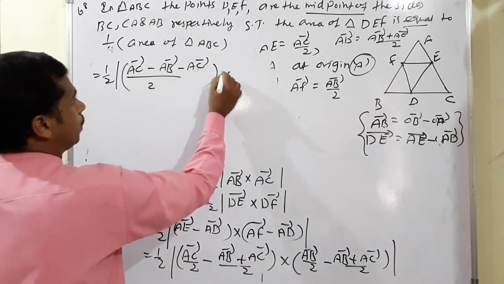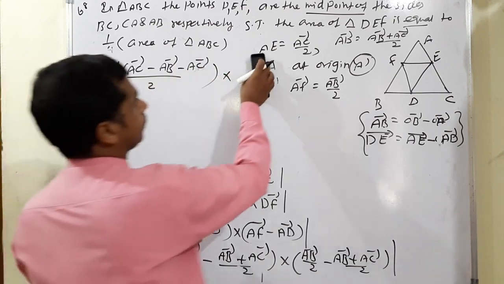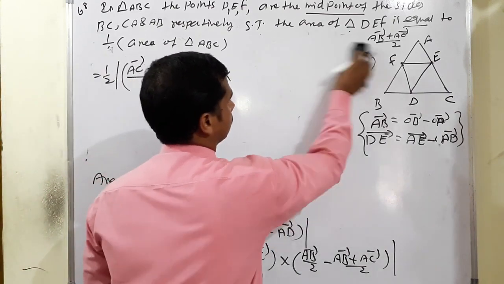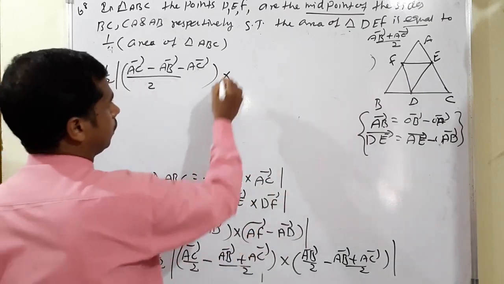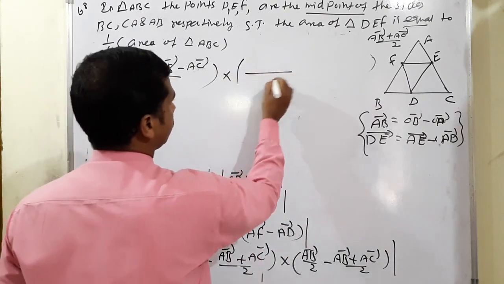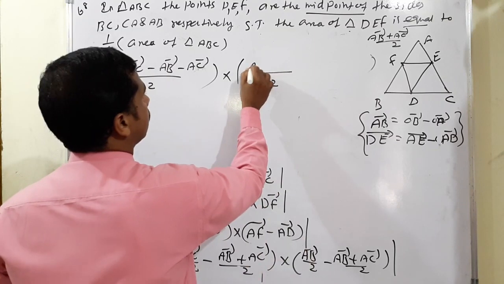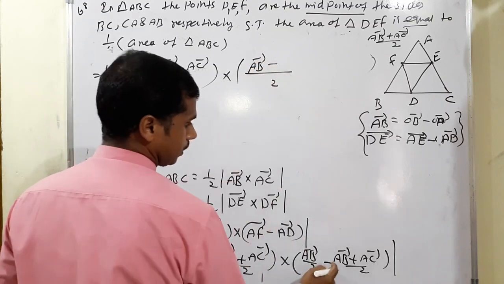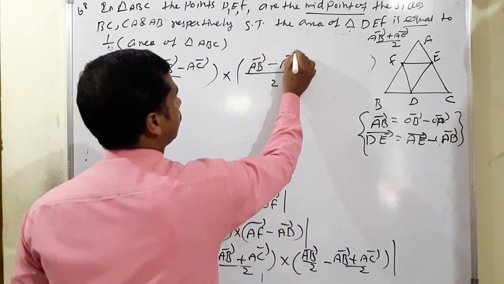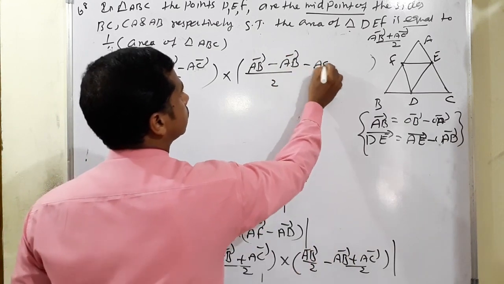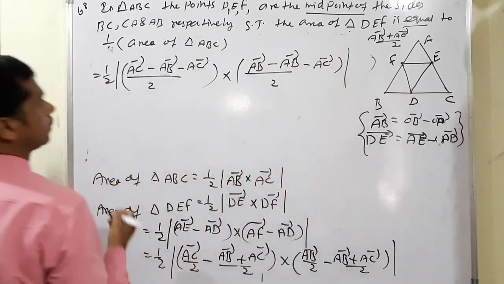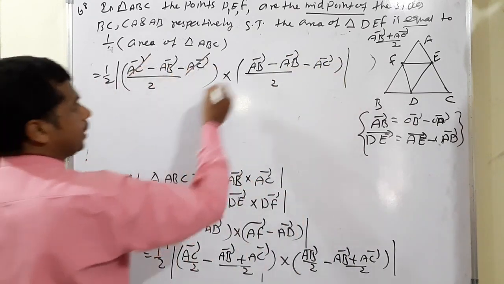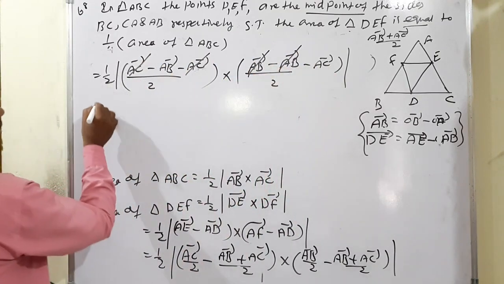This is one term into the next condition, into here also common denominator 2, which means AB vector minus AB vector minus AC vector, close modulus, plus AC minus AC plus AB minus AB.